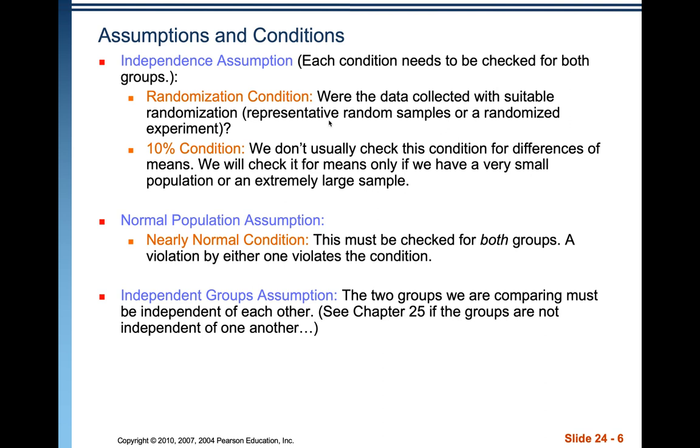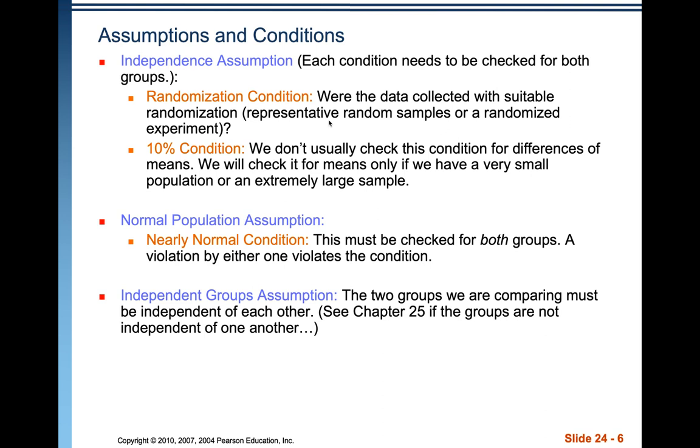Now, the nearly normal condition does need to be checked for both groups. A violation by either one violates this condition. So you hope you either have information that the original populations are normal, or that your sample sizes are at least 35 each, and then you can appeal to the CLT.